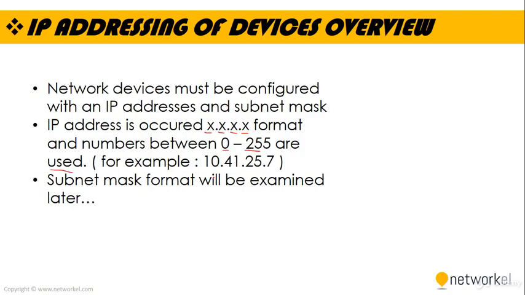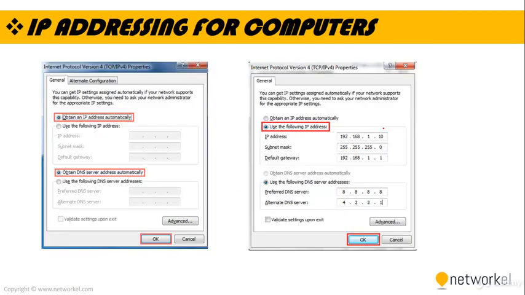For example, 10.41.25.7 is an example of an IP address. We cannot have an IP address like, for example, 300.155.401. This is not valid. And the subnet mask format will be examined later, guys.